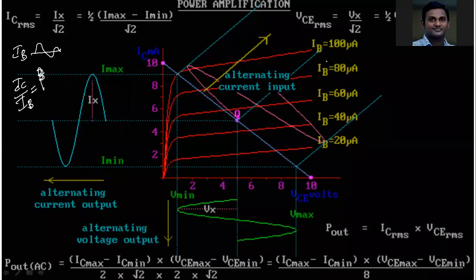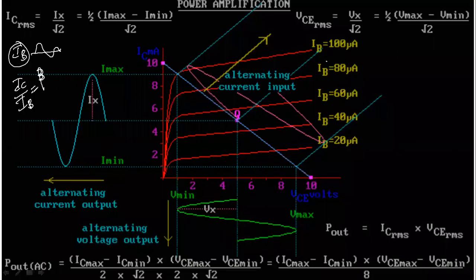By satisfying this equation, when you change the IB values, IC also fluctuates. Just assume you fluctuate this IC current to utilize this whole span. This is the maximum value you can get, and this is the lowest value.